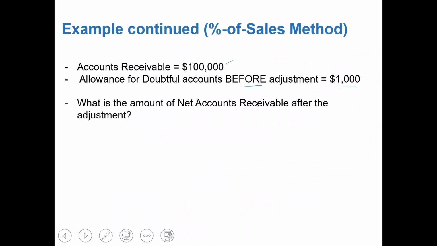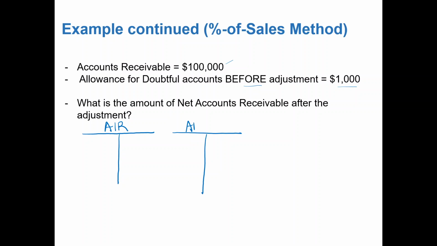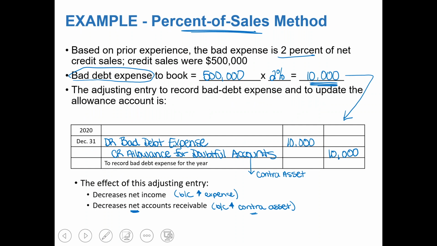Well, if we take a look at T accounts here, we can set these up for our AR account. And I'm just going to write AFTA for short here. So we can put in these opening balances. We have 100,000, and then our AFTA was 1,000, which we know is the credit. So at that point, we had a net amount of 99,000. But we need to now book or post this entry here.